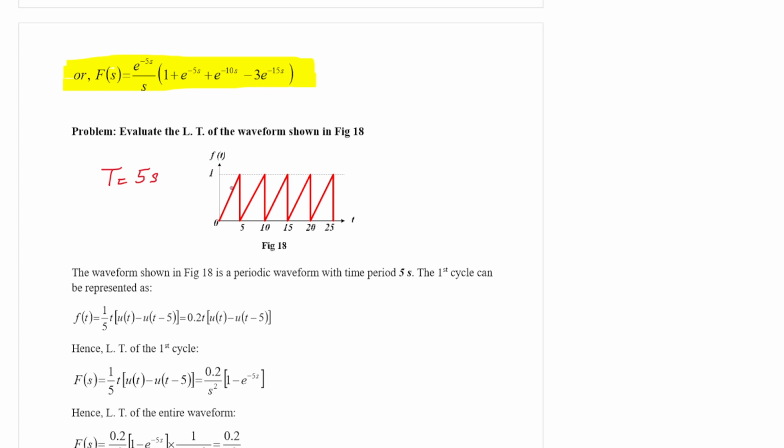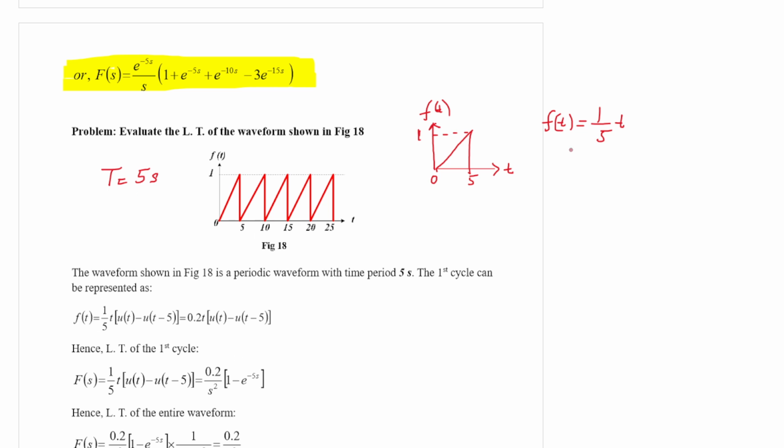So in the first cycle, if you consider only this much, the magnitude is 1 and this is 5, so the slope becomes 1 by 5. So here f(t) becomes 1 by 5 into t, or simply t by 5.